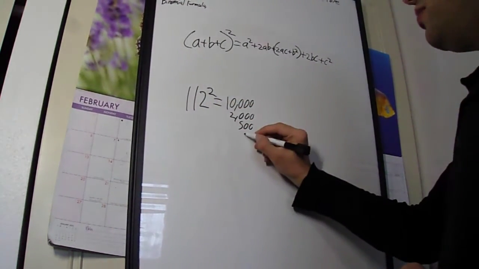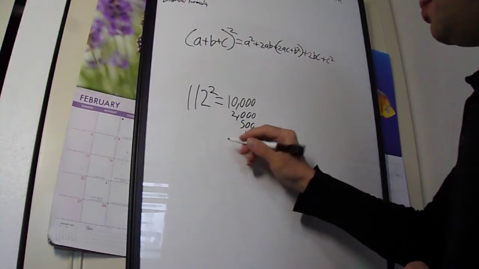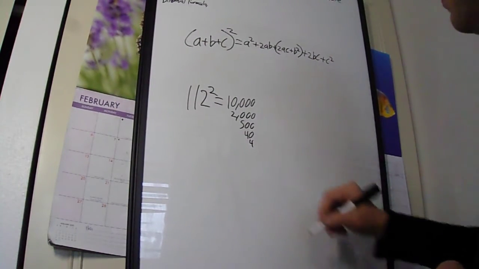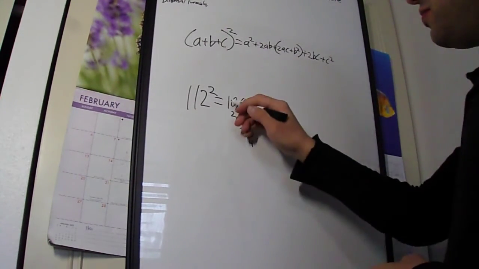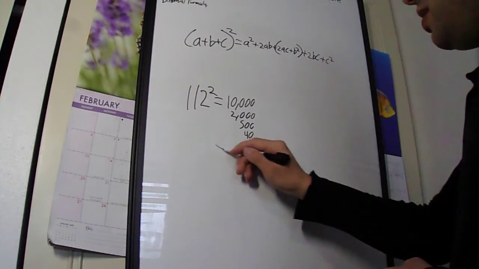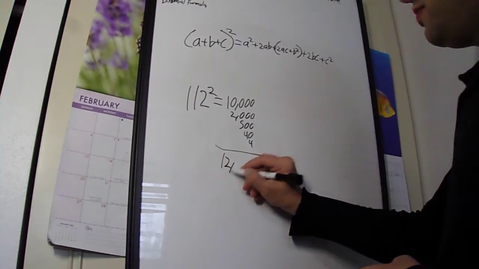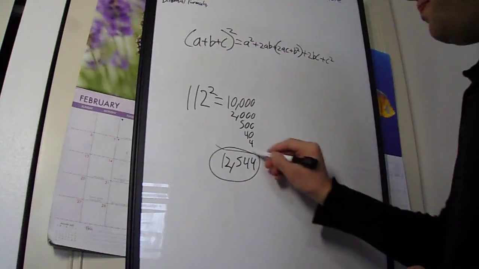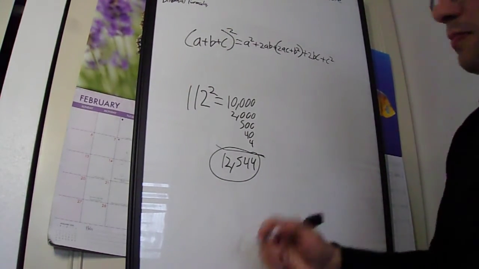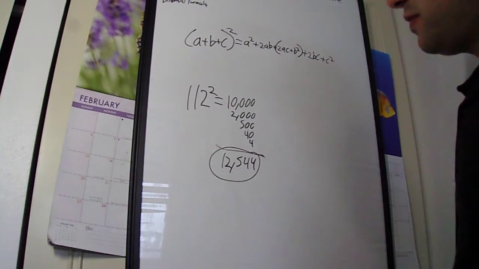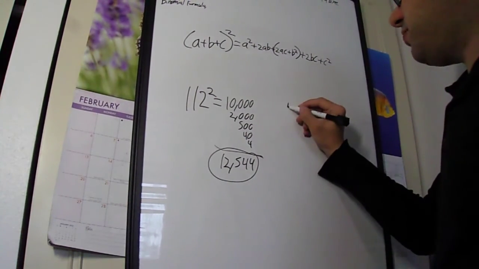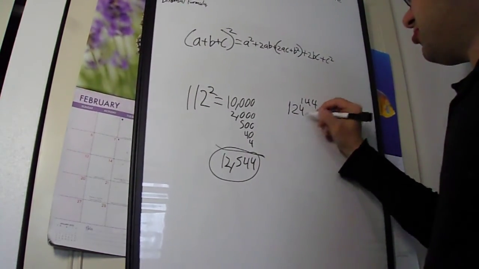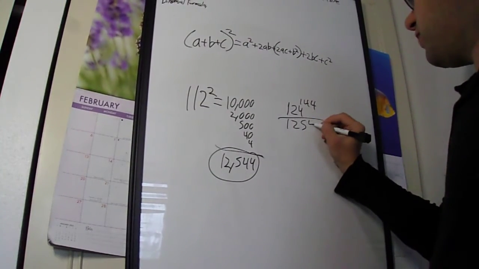And then 2 times 10 times 2 is 40. And 2 squared is 4. Now if you notice, you can just read this off right here, the way it happened. 12,544. That's the answer. And if I don't remember that, I just do my other backup method: 12 squared is 144, so 12,544.